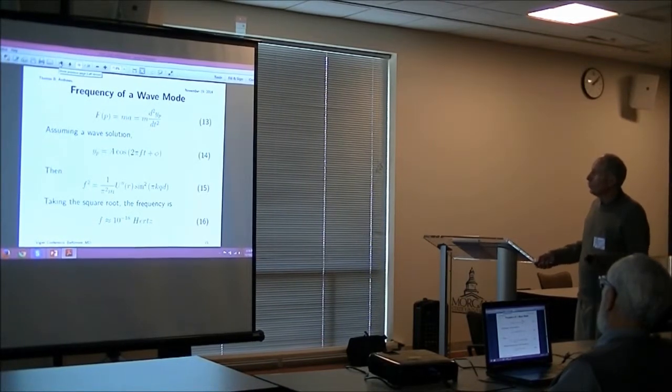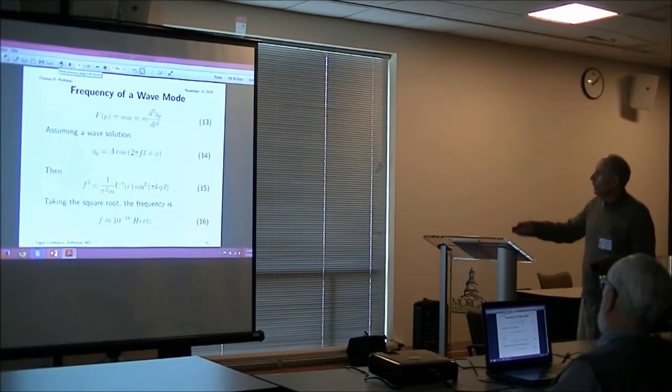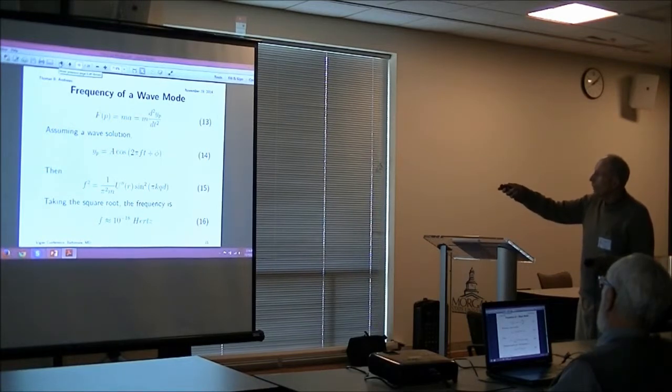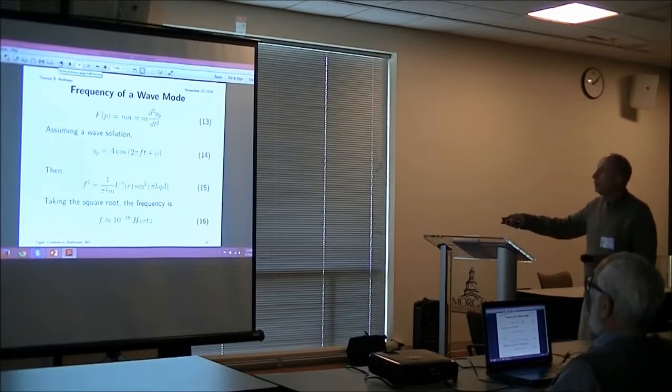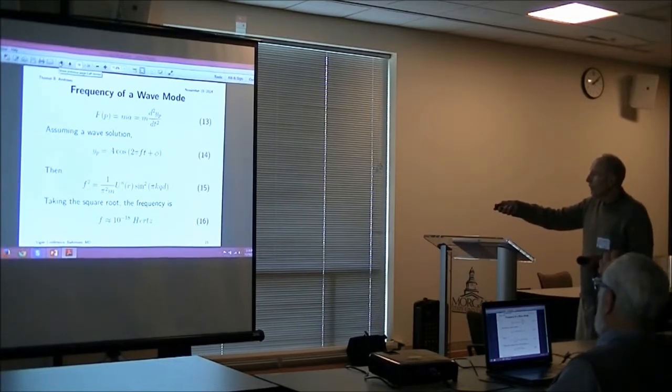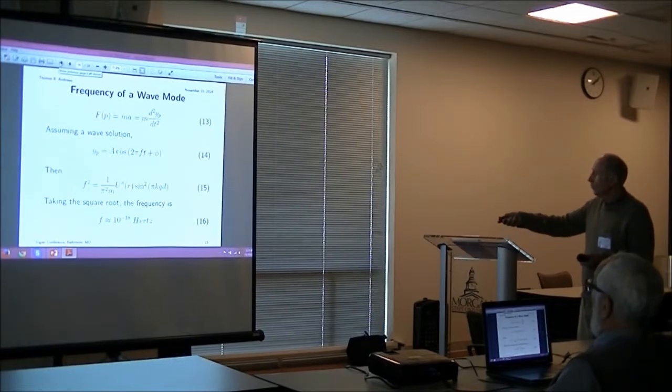Here I'm going to assume a wave solution. I'm putting the force equal to mass times acceleration, and I just assume the derivative of location, d squared y_p over dt squared, for the acceleration. And then I calculate the frequency in the next two terms.